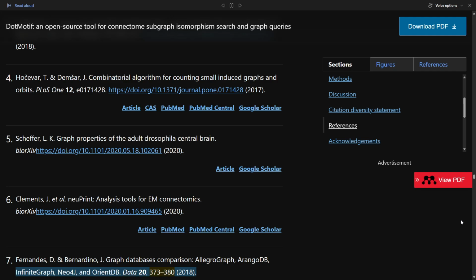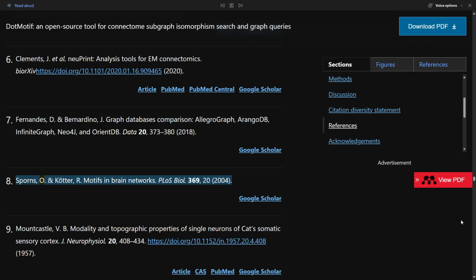Data 20, 373 to 380, 2018. Sporns O. and Kotter R. Motifs in brain networks. PLOS Biol 2, 2004. Mountcastle V. B. Modality and topographic properties of single neurons of cat's somatic sensory cortex. J. Neurophysiol. 20, 408 to 434, 1957.